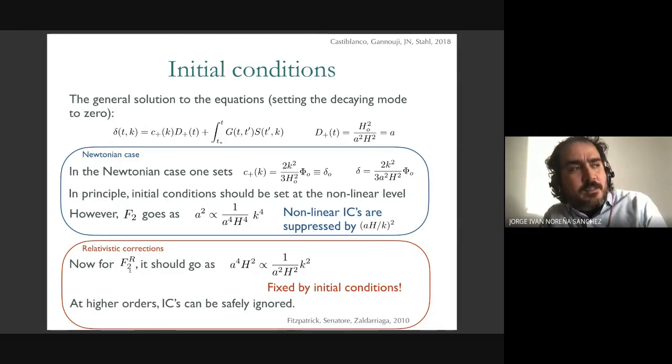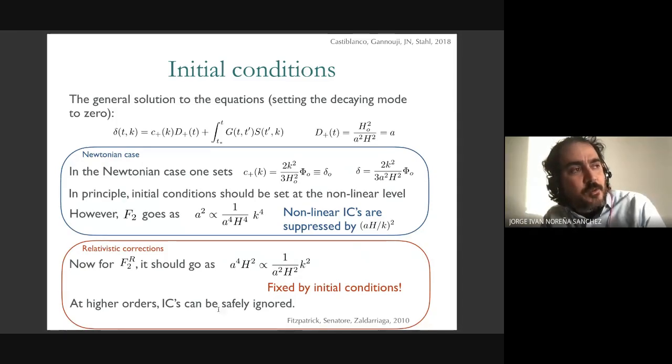At higher orders, your initial conditions can be ignored, because higher-order kernels will go with higher powers of a, at least in the approximation that we are doing. We are only keeping subleading relativistic terms.